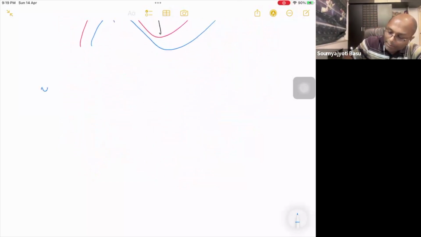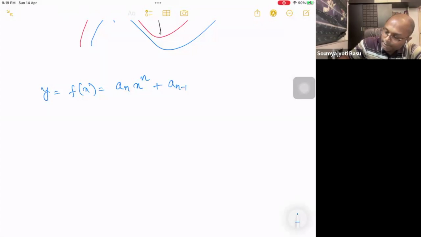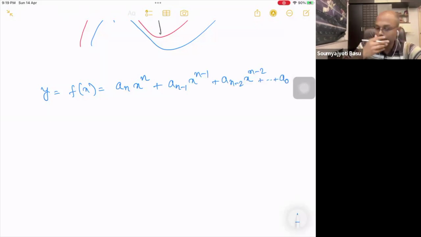Let's say I have a polynomial equation, something like this, a generalized case. This is a generalized polynomial equation, and this would have some roots.